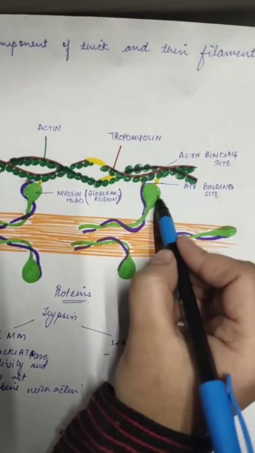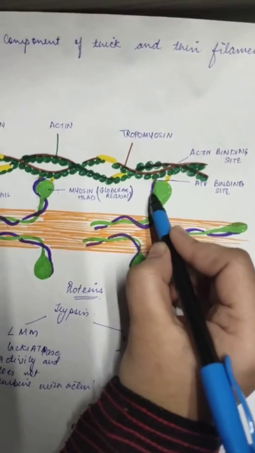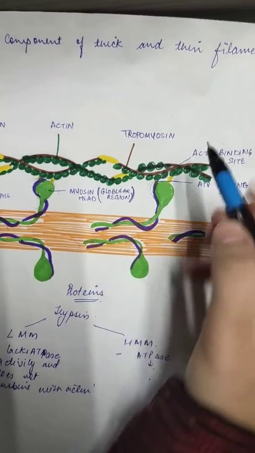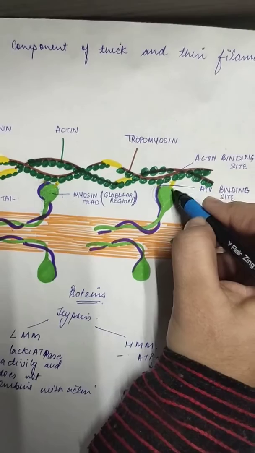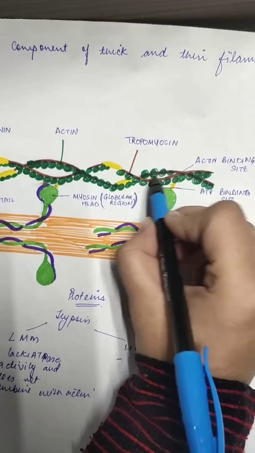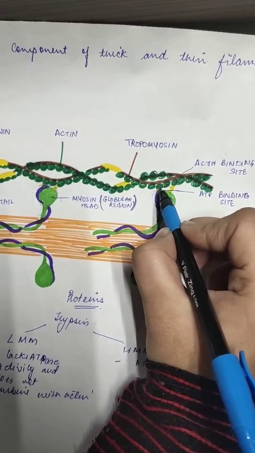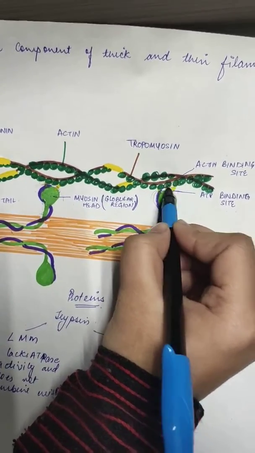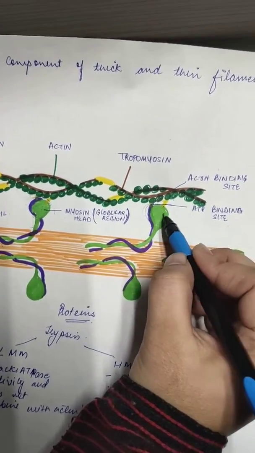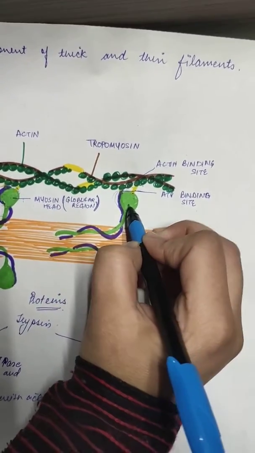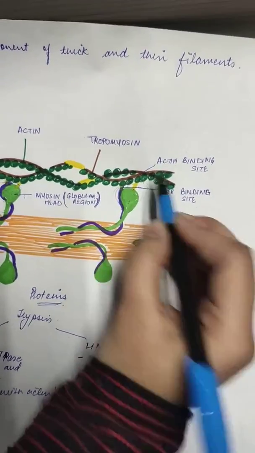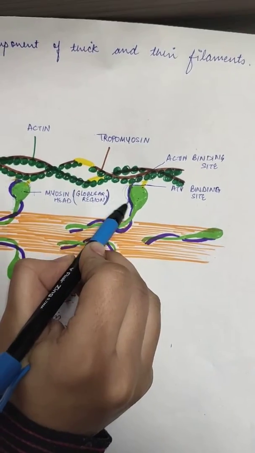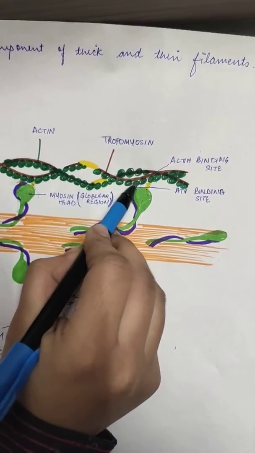This is light meromyosin and this is heavy meromyosin. This is actin, which we will discuss further. The light meromyosin does not combine with the actin, whereas the heavy meromyosin combines with the actin.